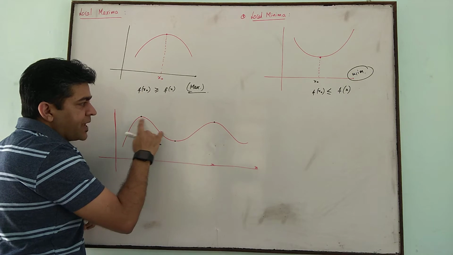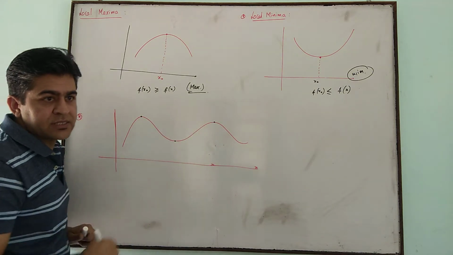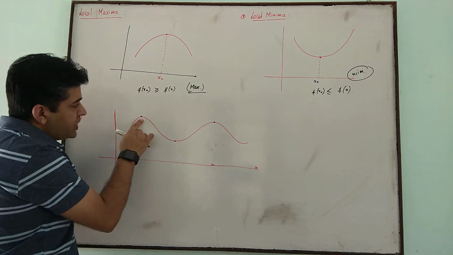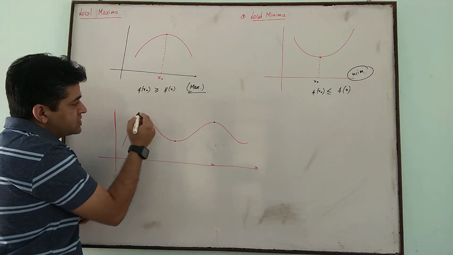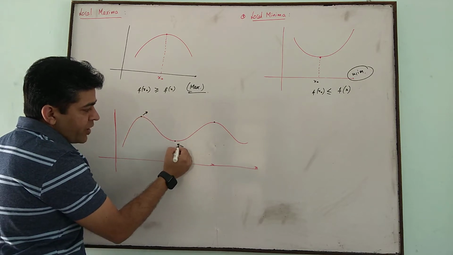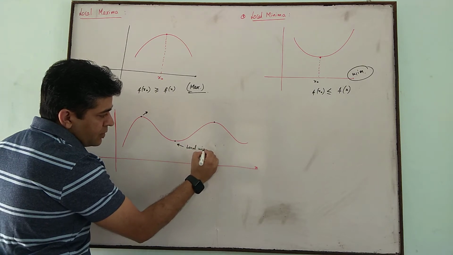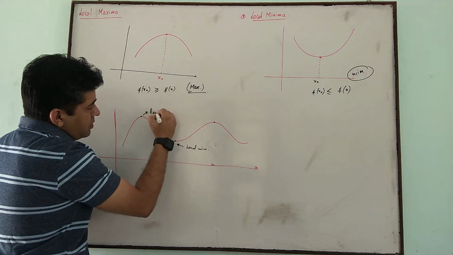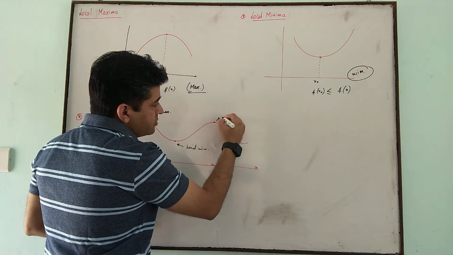We are not comparing these two to see which one is maximum, right? So locally, if the function goes from increasing to decreasing, this point is the point of local maxima, and this point is the point of local minima. So we can have more than one local maximum value.